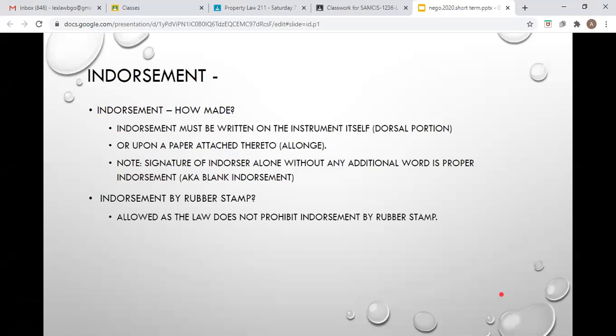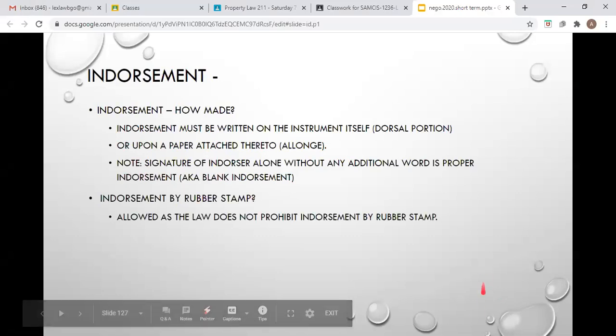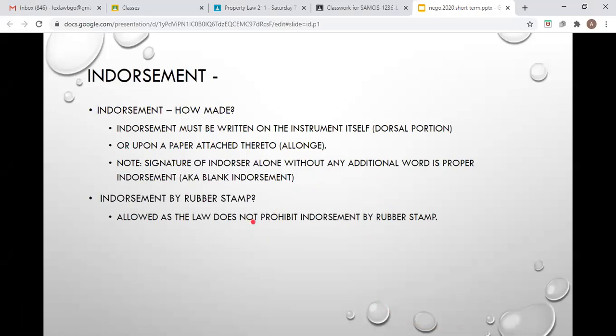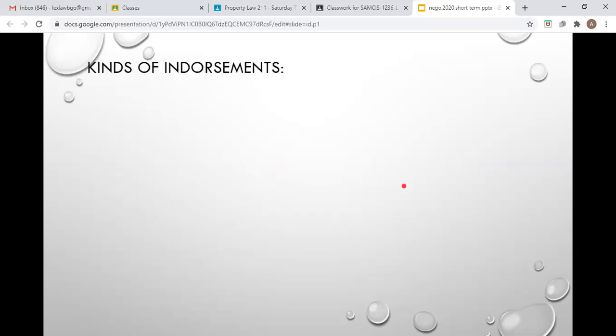Remember yung principle sa interpretation that if the law does not include, it excludes. Di ba? Parang ganon sana. However, dito, if the law is silent, ibig sabihin, it is not prohibited. So, if the law did not prohibit endorsement by rubber stamp, it is actually allowing endorsement by rubber stamp.